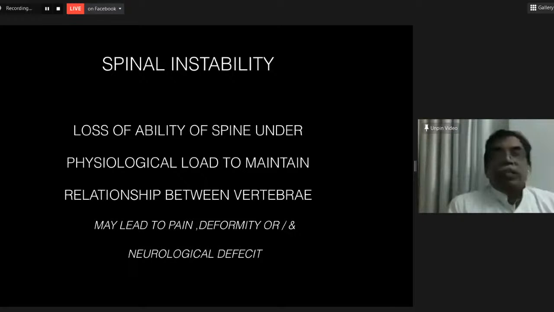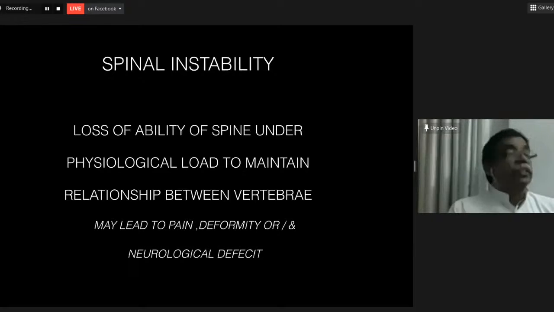And what is spinal stability? It is the ability of the spine under physiological load to maintain the relationship between the vertebrae. Physiological loading means the routine functioning of the body for a person: walking, running, doing work, jumping. Within that physiological load, the relationship between the vertebrae is maintained without disruption of the basic structure.